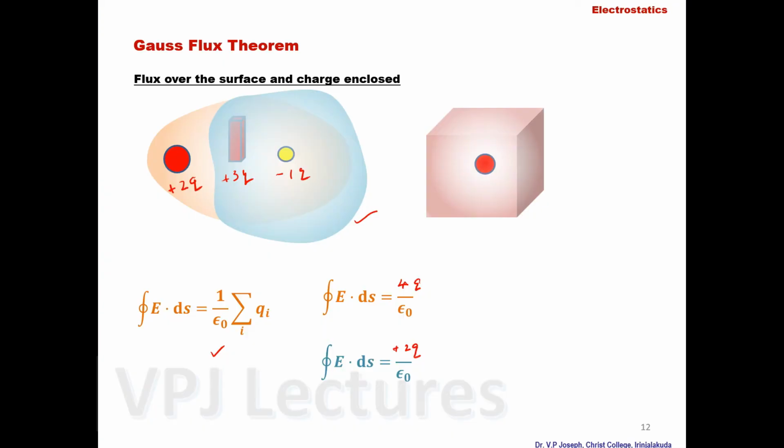So the expression is closed surface integral E dot ds equal to q by epsilon 0. Now if somebody asks you to find the flux passing through one surface, it is 1 by 6th of this, that is q divided by 6 epsilon 0. That is the flux passing through one face for this example. In this case we are assuming that the source is placed at the center, and only then this holds good.